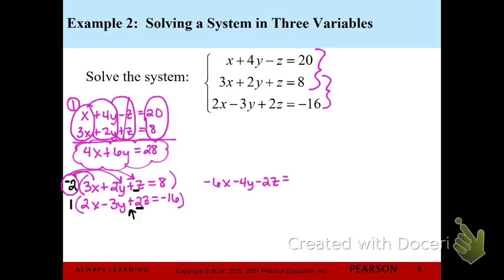Negative 2z, good, equals negative 2 times 8, negative 16. Then we're going to distribute that 1. Remember, multiplying by 1 doesn't change anything. So we get 2x minus 3y plus 2z equals negative 16.